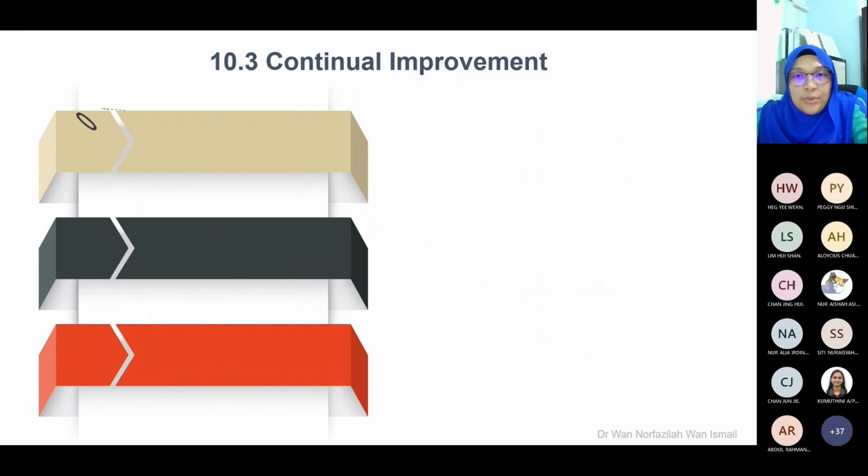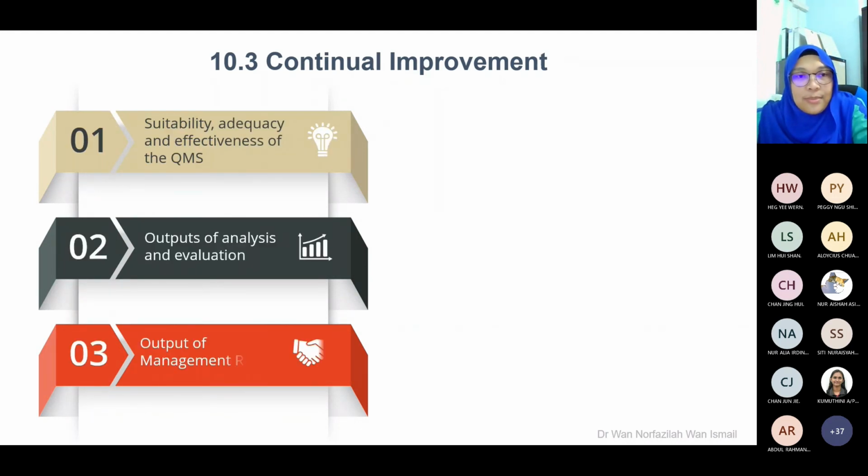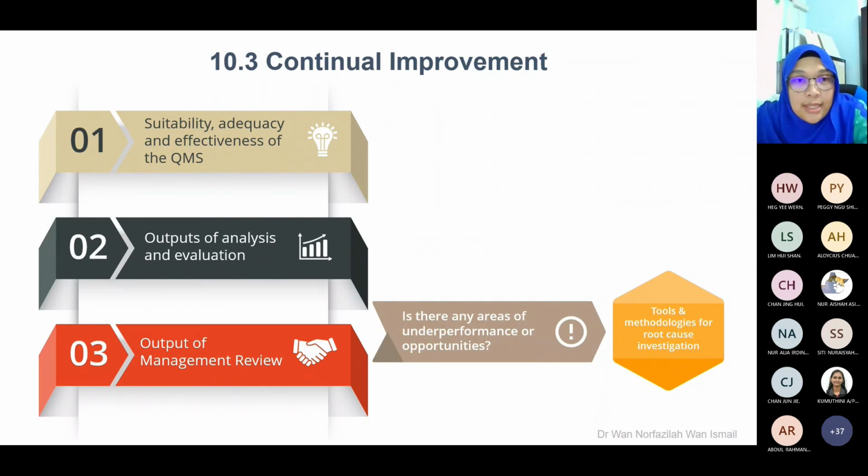10.3, continual improvement. Okay, what does it mean by continual improvement? Look at the suitability, adequacy and effectiveness of the quality management. Okay, sometimes we can do the continual improvement. Sometimes we need to change, totally change, then we have to start from zero, PDCA, plan, do, check and act.